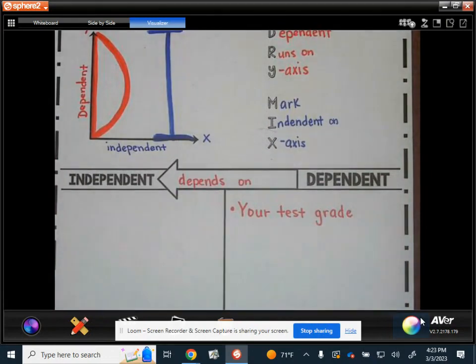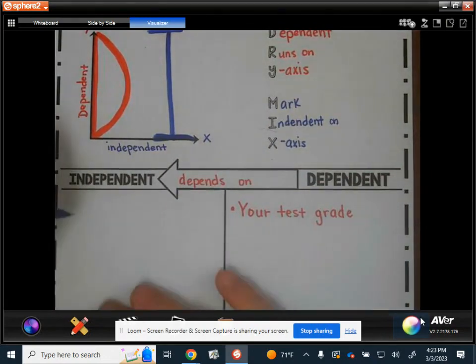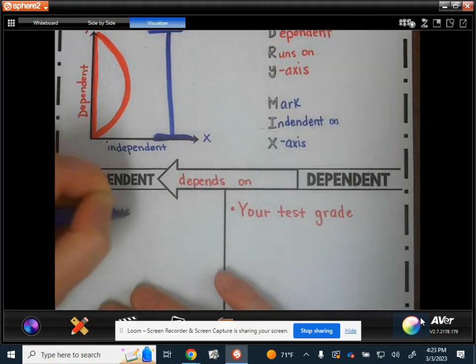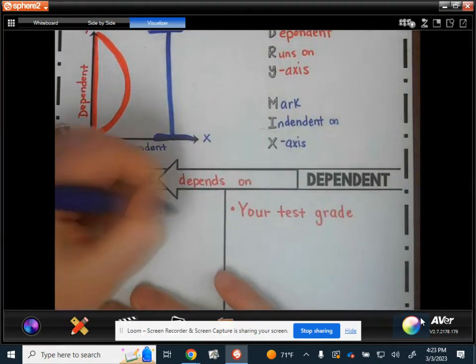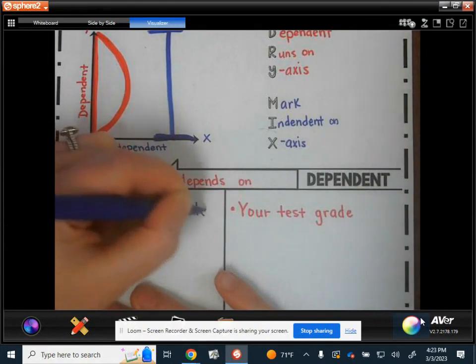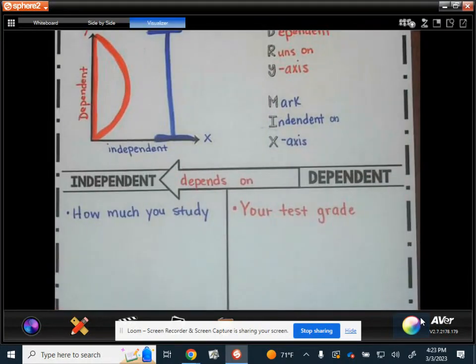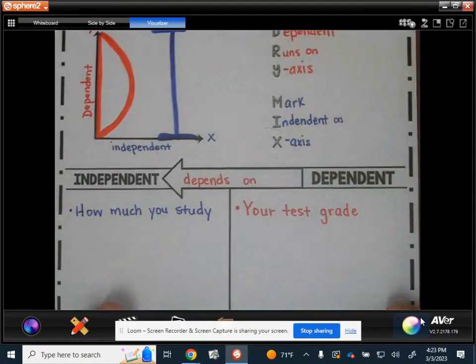One thing that your test grade is dependent on is how much you study. The more you study, the better you should do on your test. And again, there are other things that are going to affect that, how much you slept, if you stayed on task during class, that kind of thing.